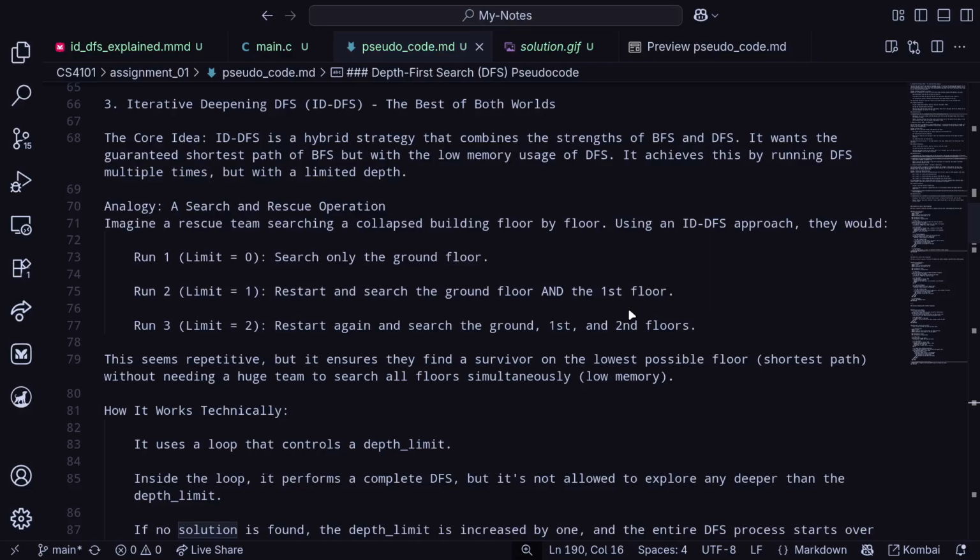Then, on the second floor, you restart again from the ground floor, you search the ground and the first, and now the second floor as well. Now this might actually seem repetitive, but it ensures that they will find the survivor at the lowest possible level.